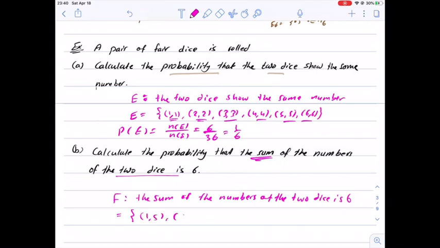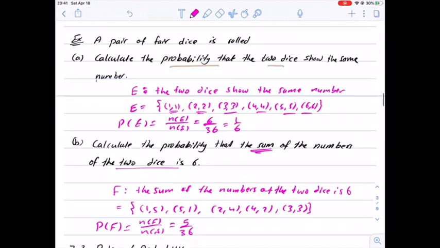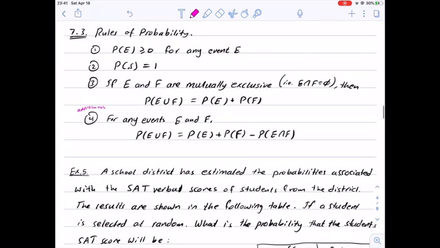Now we try to find the elements of this event: 1 5, 5 1, 2 4, 4 2, and 3 3. And then we find the probability of F, that's the number of elements of the event F over the number of elements of the sample space. So we have 1 2 3 4 5 elements in the set F over 36, the number of elements of the sample space.